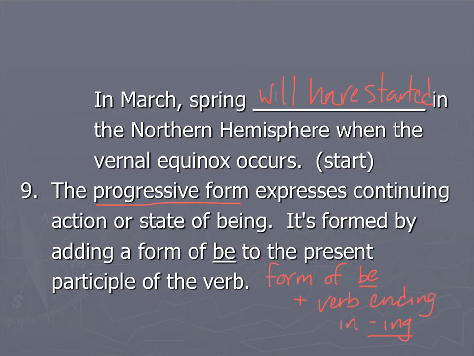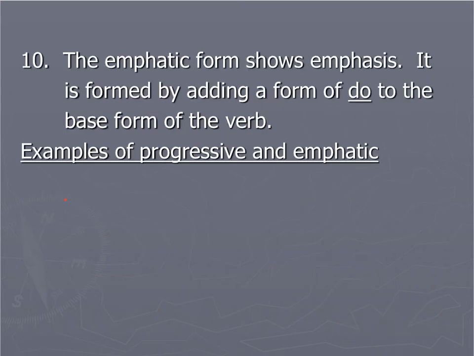Okay, we'll get into different progressive forms in just a moment. So that's one type, okay? And then we'll get into the last tense, and that's the emphatic. The emphatic form just shows emphasis, and it's formed by adding a form of do to the base form of the verb, okay?